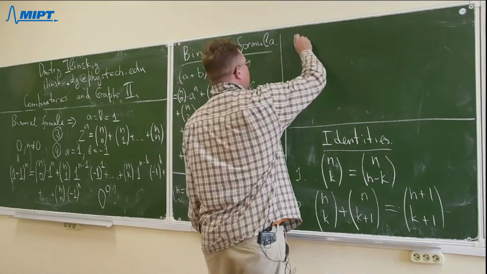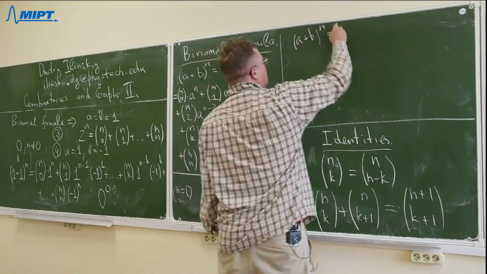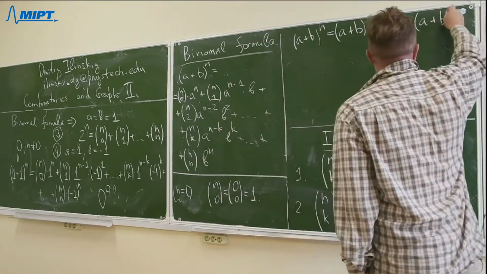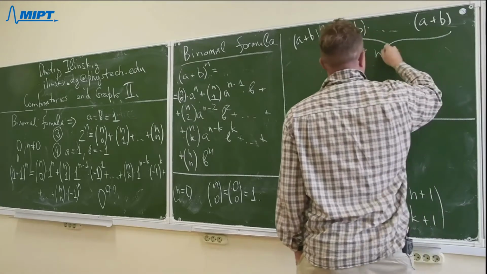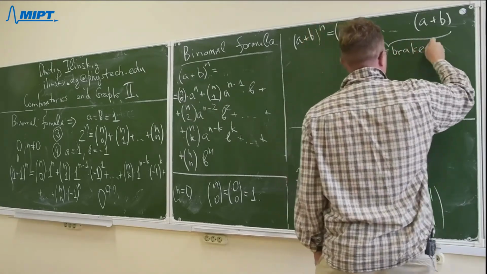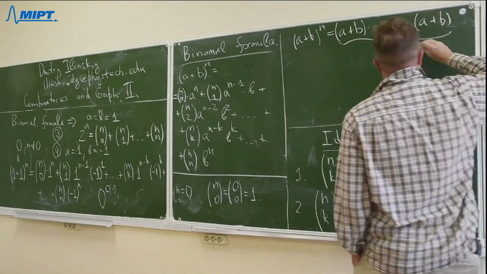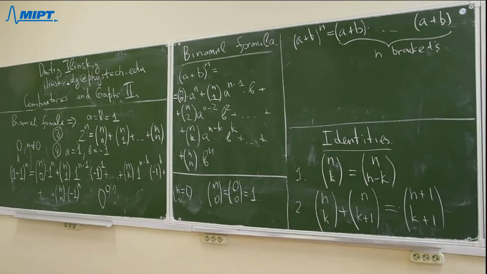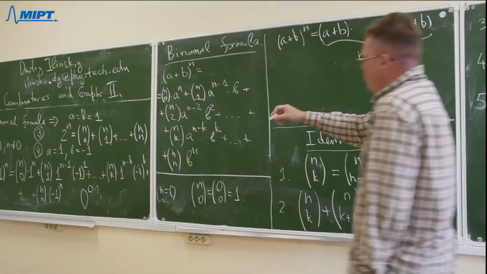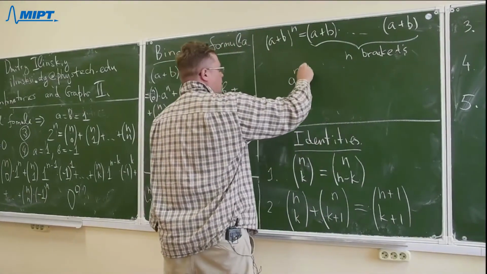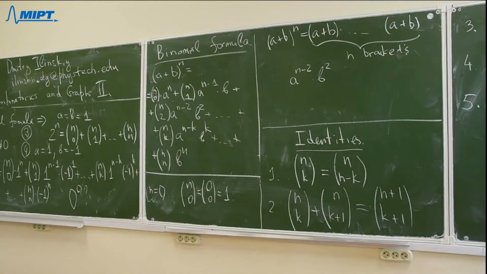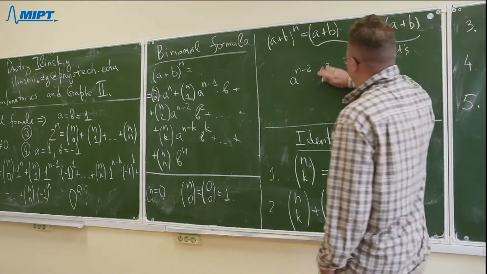And if you look at this product, you can see that we have exactly n brackets. And from these brackets, what do we choose? For example, we want to calculate the coefficient before a to the n minus 2 power times b squared.